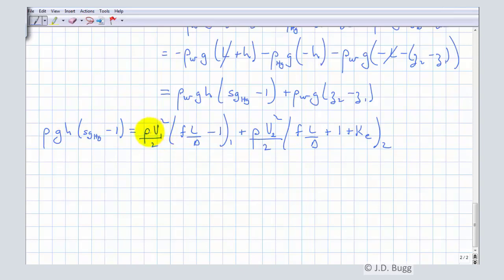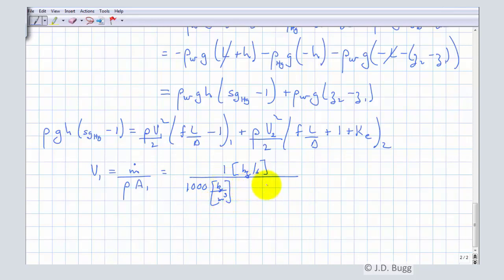So let's start with this velocity. V1, the velocity in pipe 1, is going to be the mass flow rate in pipe 1 divided by the density times area 1. And that mass flow rate is 1 kilogram per second, and the density is 1,000 kilograms per meter cubed.